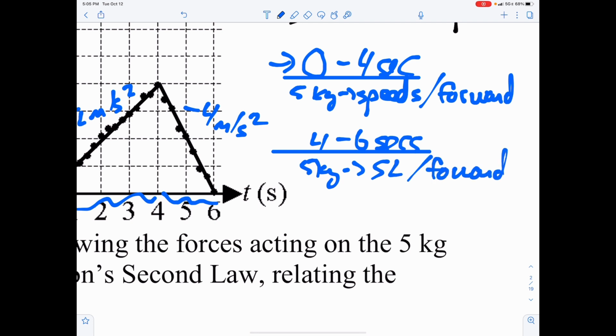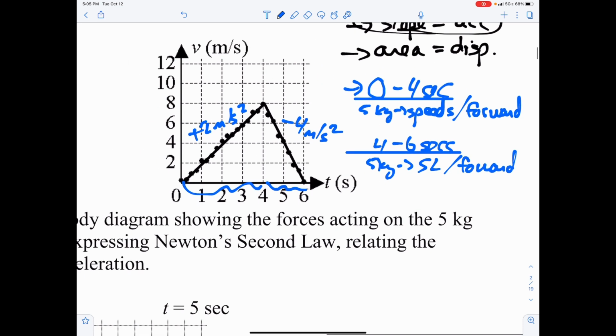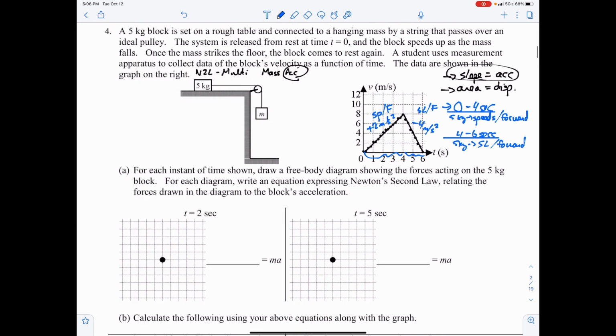So in both cases, that 5 kilogram block is going forward, but this is a case of slowing down going forward, and this is a case of speeding up going forward. So it's very helpful to take a second to interpret the motion of a position, velocity, or acceleration time graph, because you need that information in various parts of various questions.